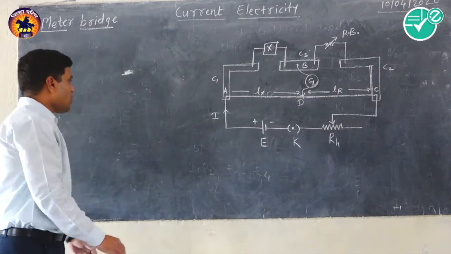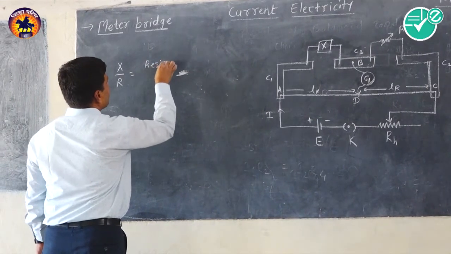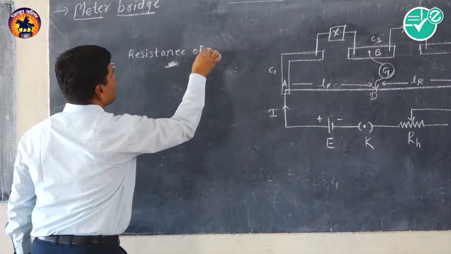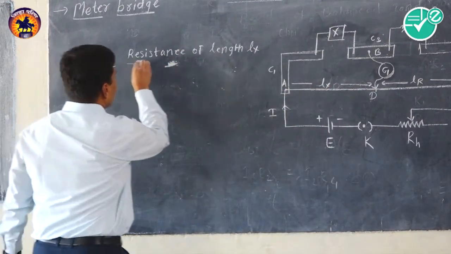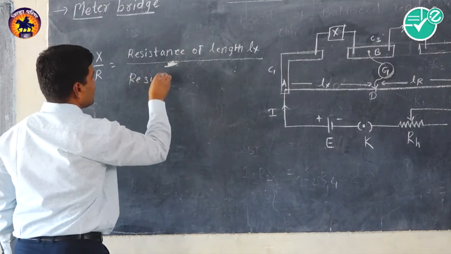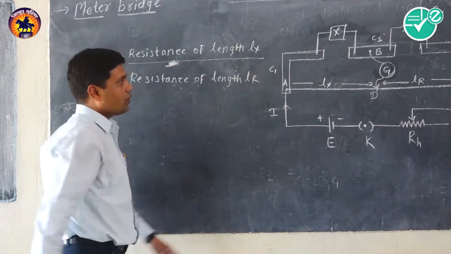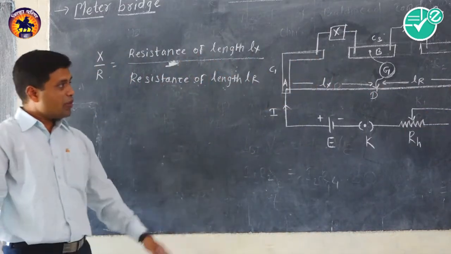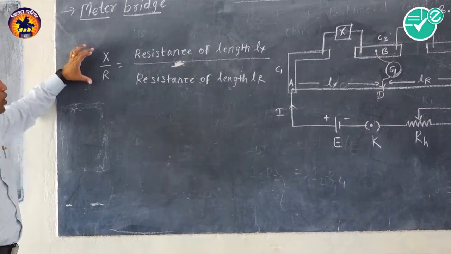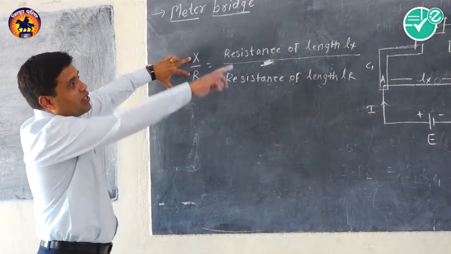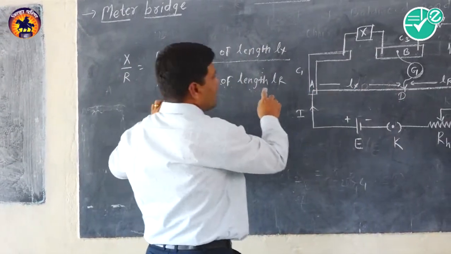So this balancing condition can be written as X by R equals resistance of length Lx divided by resistance of length Lr. This A to D length is called Lx, and D to C length is called Lr. As soon as you get the null point in the galvanometer, you stop the jockey there and equate the ratio: the unknown resistance divided by known resistance from the resistance box equals the resistance of length Lx divided by the resistance of length Lr.